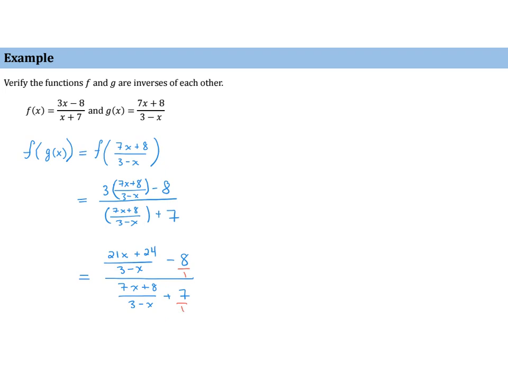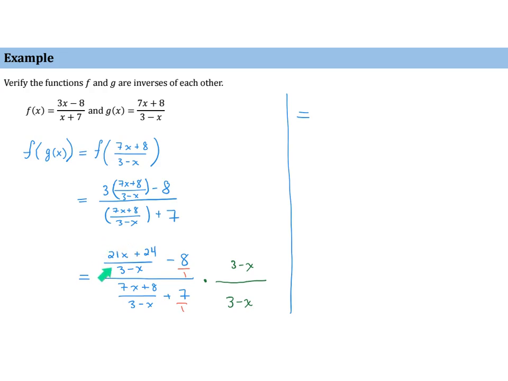We're going to multiply everything by the LCD of those four denominators, which is just 3 minus x. Now what that does is it's going to cancel for us so that we only have a single fraction instead of several fractions. So what do I mean?